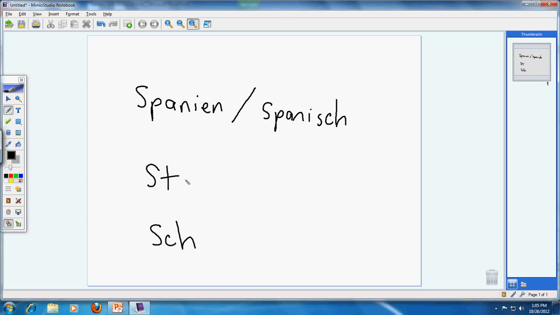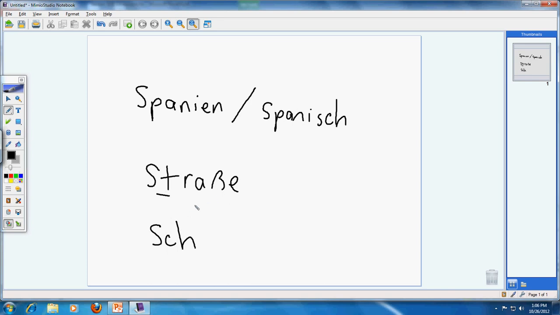Okay, and similar when you have an st at the beginning of a word. So we'd already learned the word for street, right? Let's just go ahead and do that again. That's going to be Straße, Straße. So again, an S and a T, similar to the S and the P starting off a word. It's going to have that sh sound. Instead of sp, it's going to be st. Straße. Sehr gut.